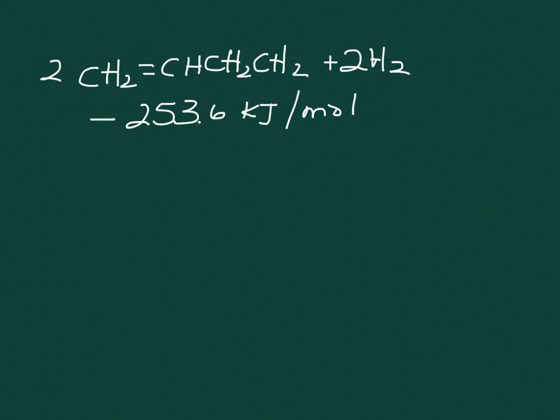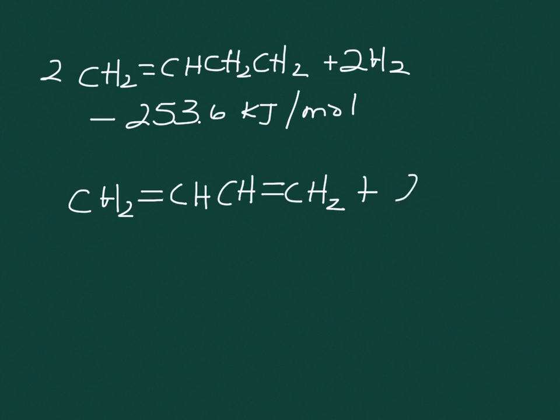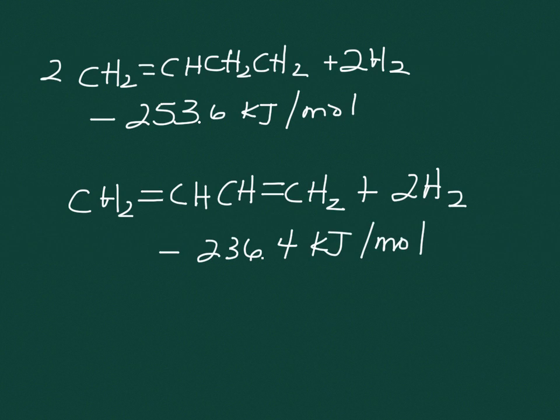If you look at 1,3-butadiene, and you hydrogenate it, the heat of hydrogenation is negative 236.4 kilojoules per mole.